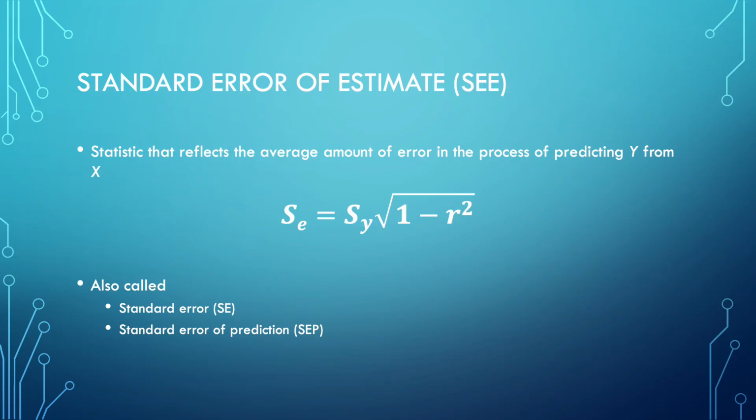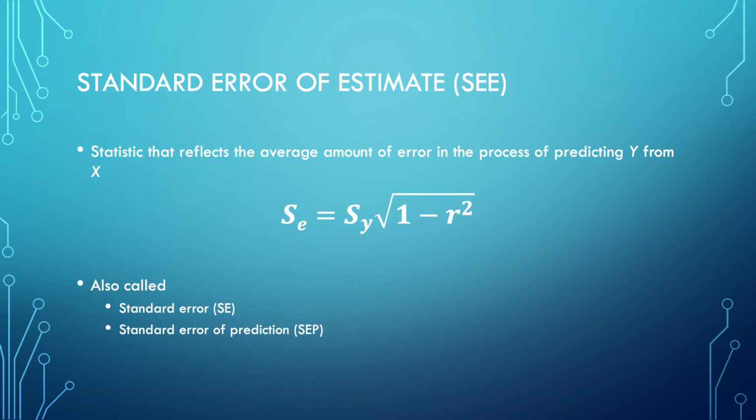While there's error in every statistical analysis, we can calculate a standard error of estimate. This is sometimes referred to as the SEE, or the standard error, abbreviated as SE, or standard error of prediction, or SEP.